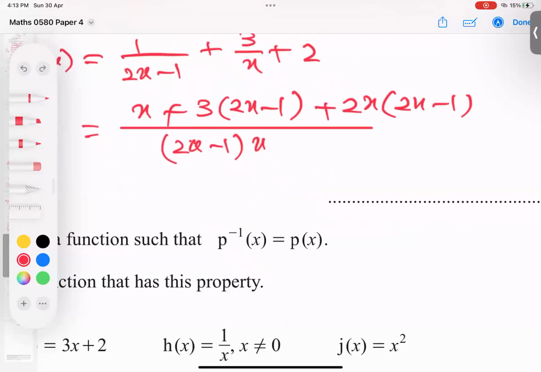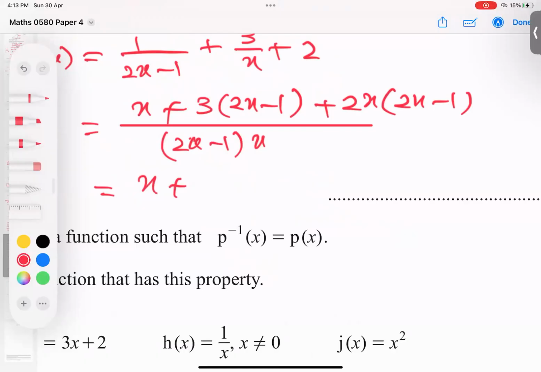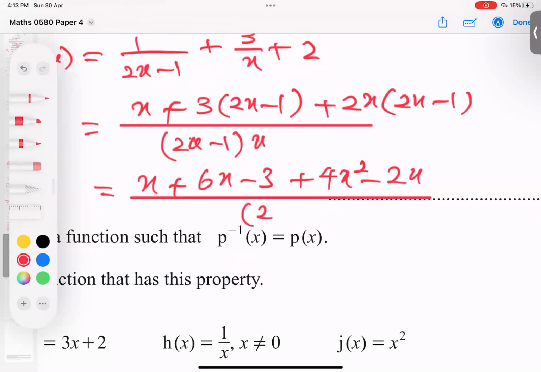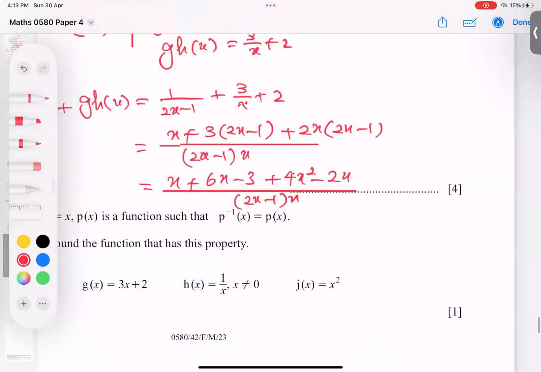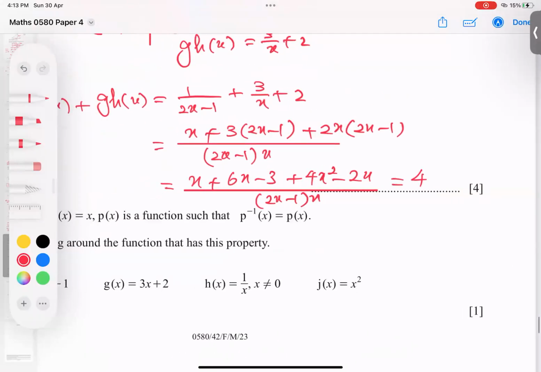Now I go to simplify. x alone, 3 2s are 6x and 3. And 4x to power 2 minus 2x over 2x minus 1 into x. And in the final form I'm writing 4x to power 2. This is what I'm writing. So this is 6 plus 1, 7.